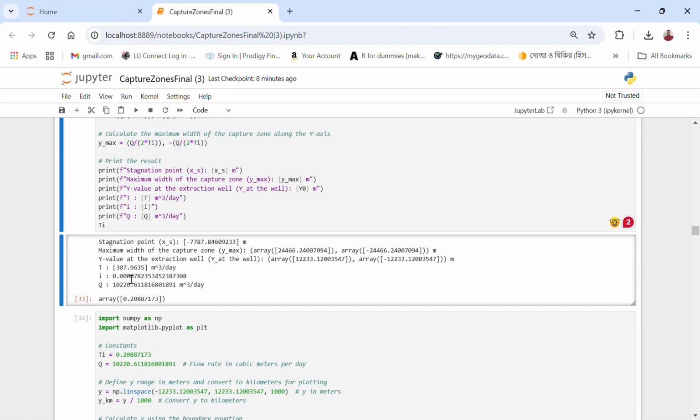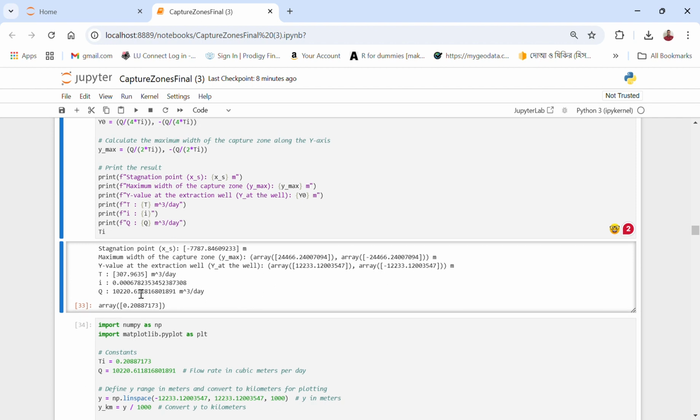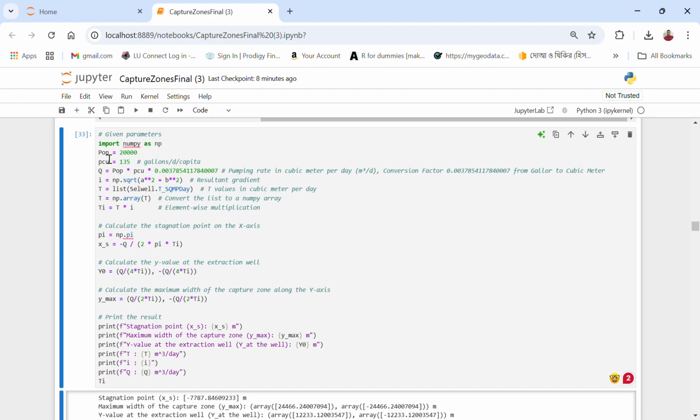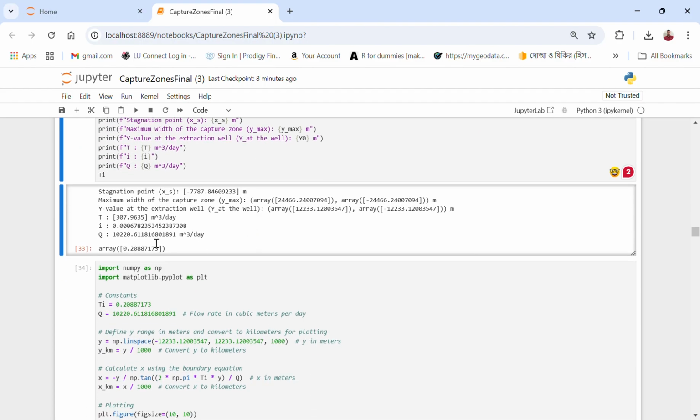This is the gradient that I have calculated by linear regression, and this is my Q, my targeted rate of pumping. In this pumping we considered a population of 20,000, and per capita consumption is 135 gallons per day, and I calculated this in cubic meter per day with a conversion factor.